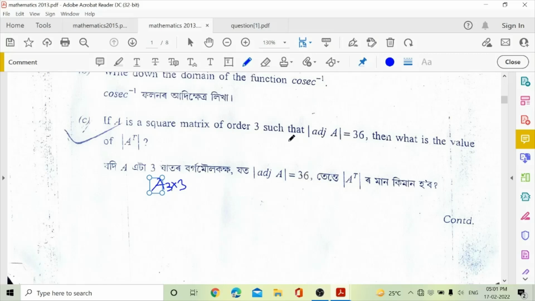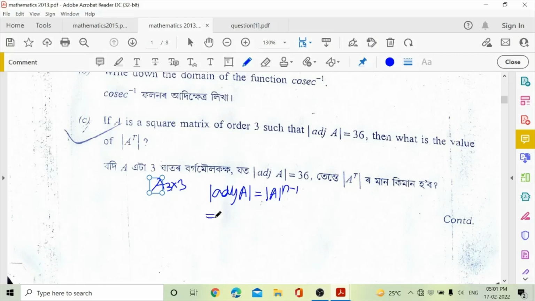It is already given. So one relation is there: determinant of adjoint of A is equal to determinant of A whole to the power n minus 1. What is n? N is the order of the matrix.